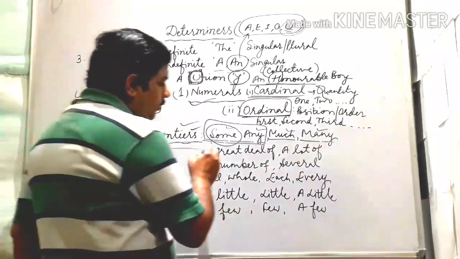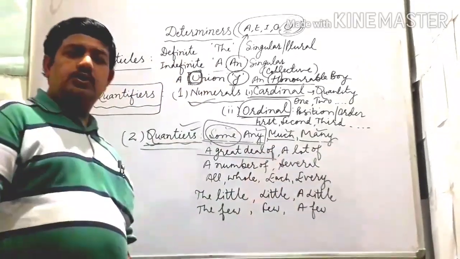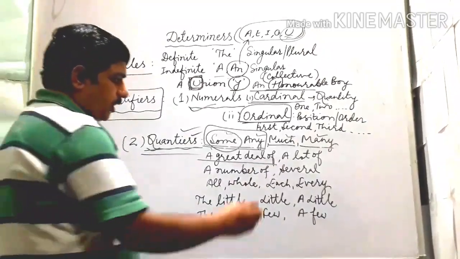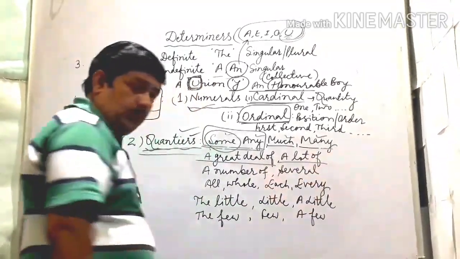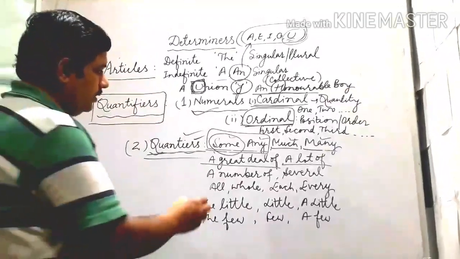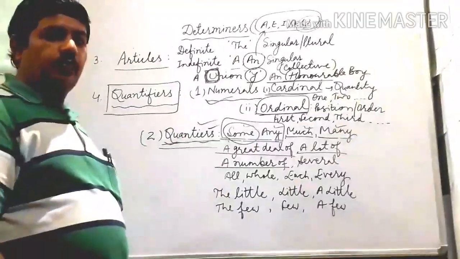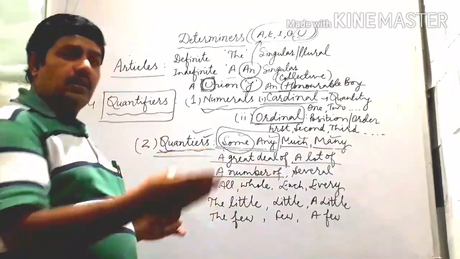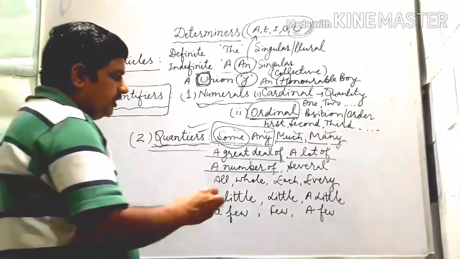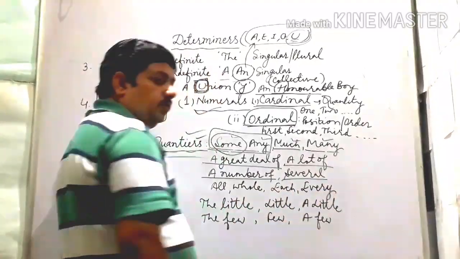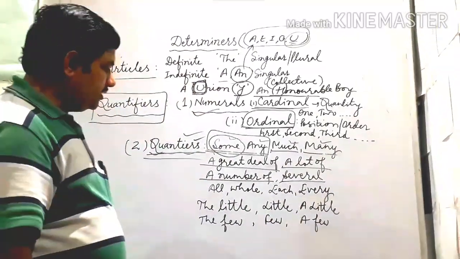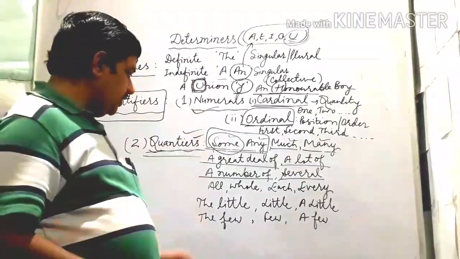A great deal of, here also it is for quantity. A lot of, quantity. A number of, again here it is quantity. Countable, uncountable, both types of noun we use here. Several, again for countable numbers. Several boys were there, several people were there.